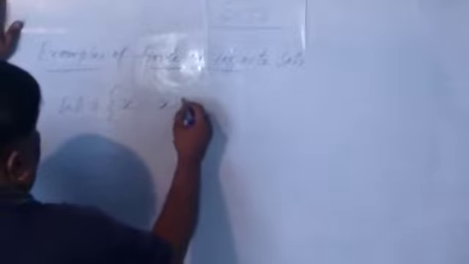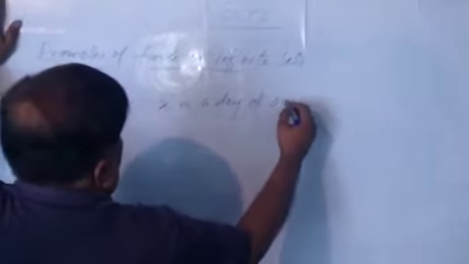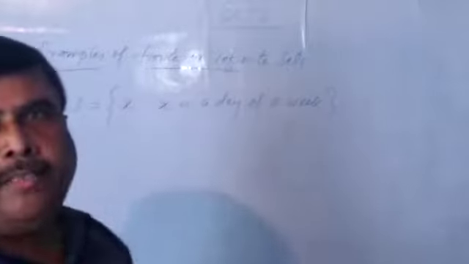Suppose W is a set, the collection of all x, where x is a day of a week. We know that there are 7 days in a week, so it is a finite set.